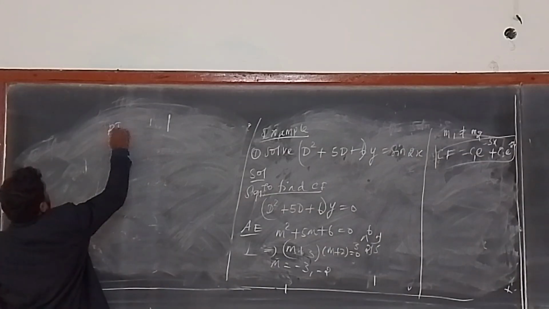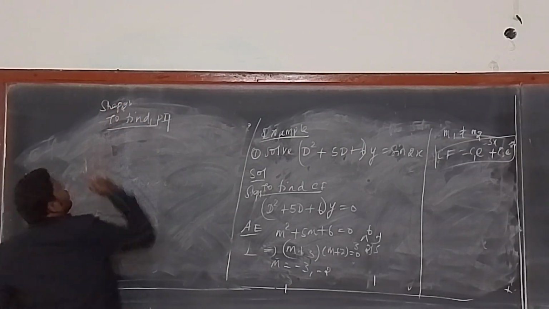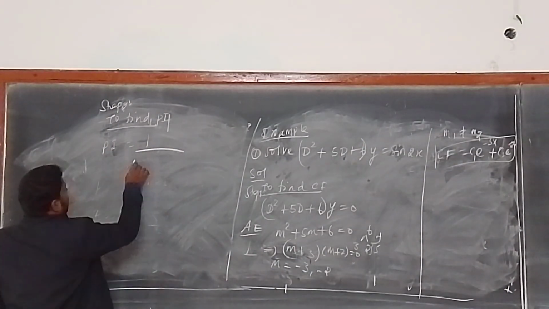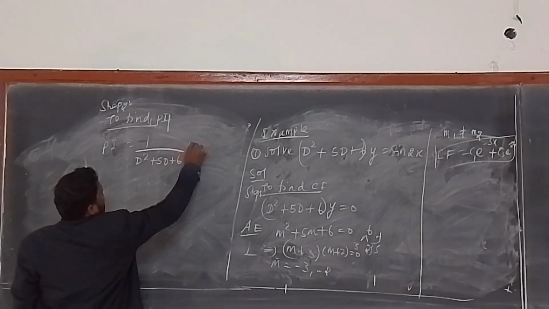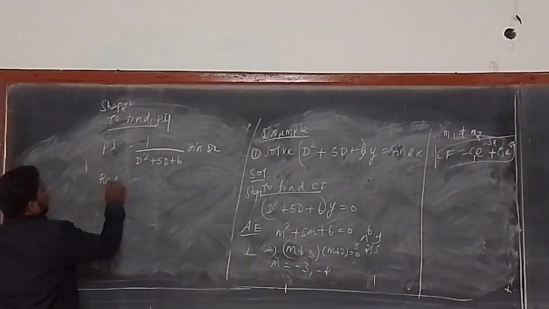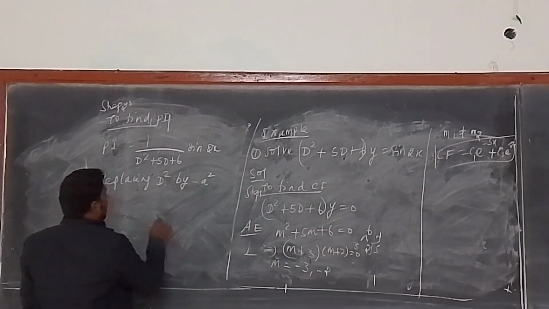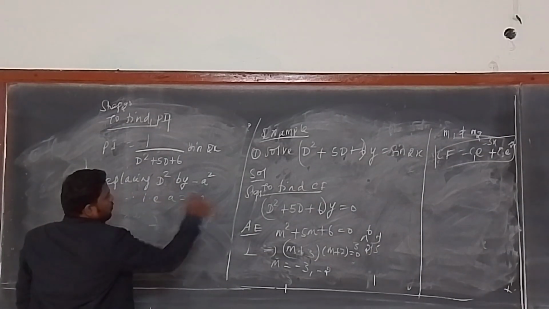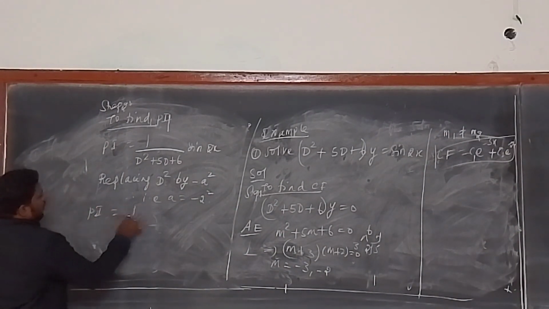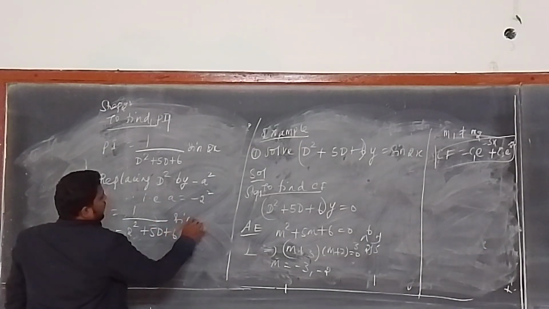Now let's find the particular integral. Step 2: to find the particular integral, we replace D square by minus a square, here minus 2 square. So P.I. equals 1 divided by minus 2 square plus 5D plus 6, into sin 2x.